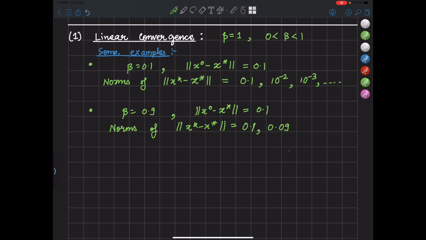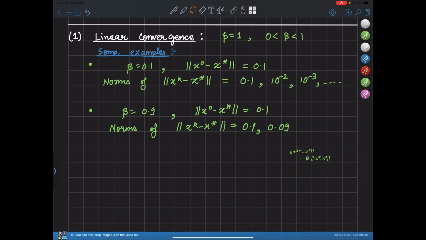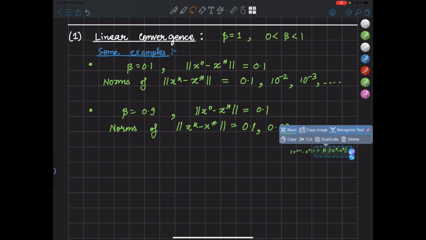Please remember how this came: we said that xk plus 1 asymptotically is equal to beta times xk minus x star. This is how we are getting this.